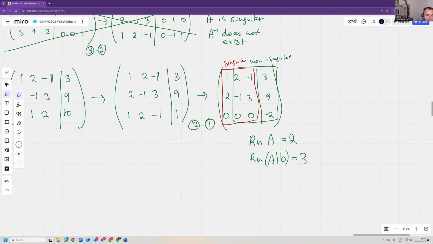Now, I'm using very clever words like rank, and rank over the extended matrix, to understand that this equation has no solutions. Just look at the bottom line. The bottom line means 0x plus 0y plus 0z must equal minus 2, which is nonsense.